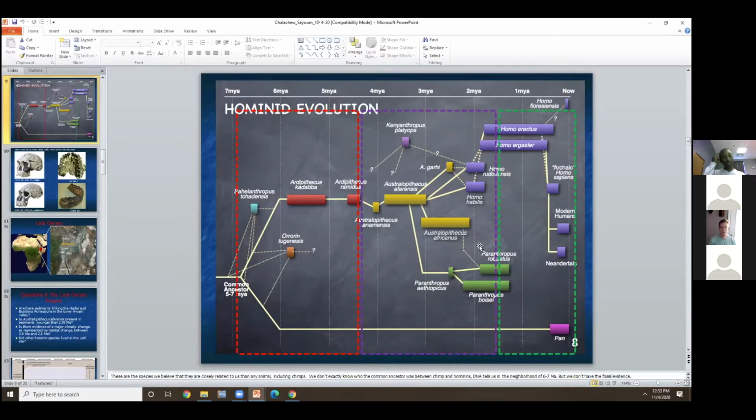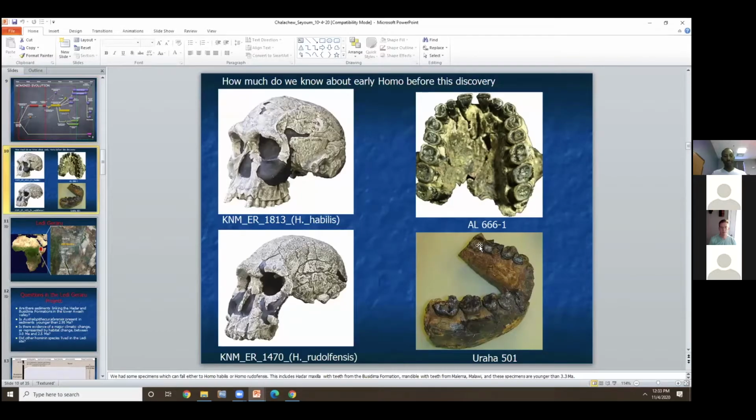Before that, how much do we know about early Homo before the discovery of the hominin jawbone? Generally, we have two groups of early Homo. We call them Homo habilis and Homo rudolfensis, represented by this cranium.